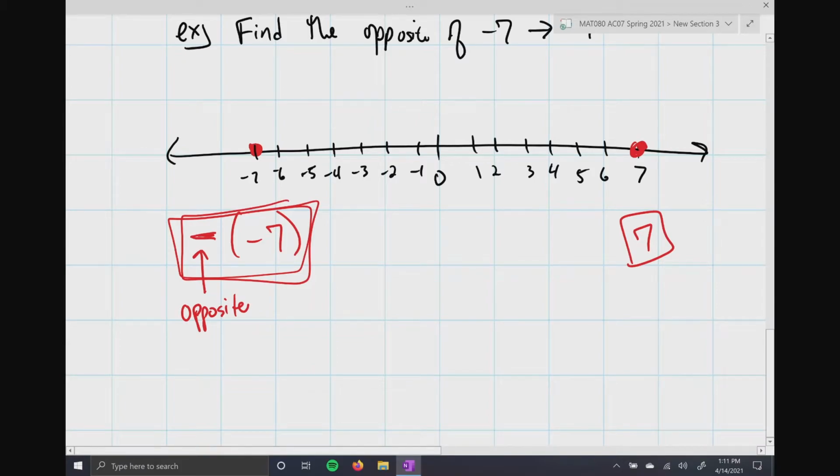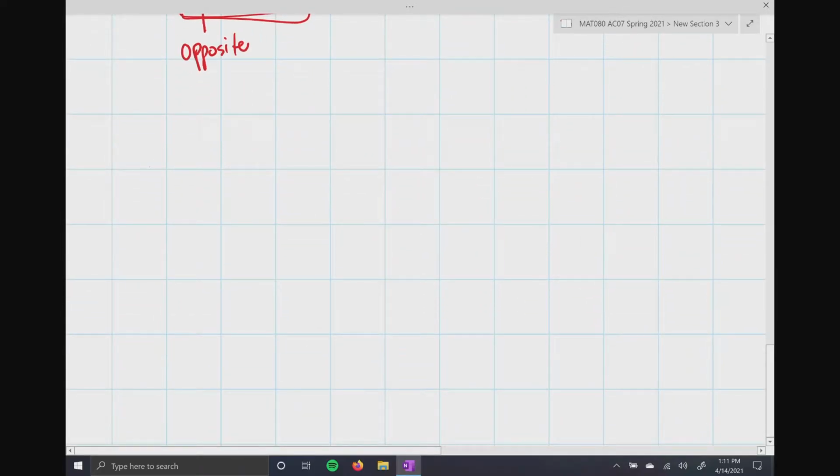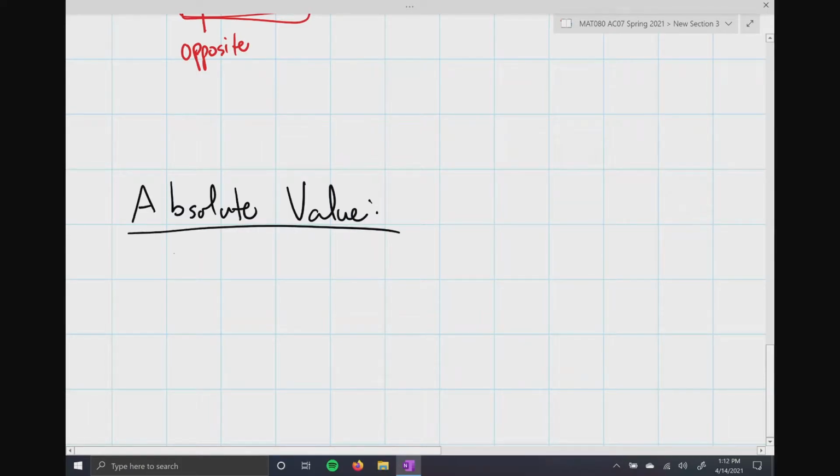All right, good. So that leads us into this last thing right here. How many of us have ever heard of the absolute value before? If you have, just tell me what you think it is.